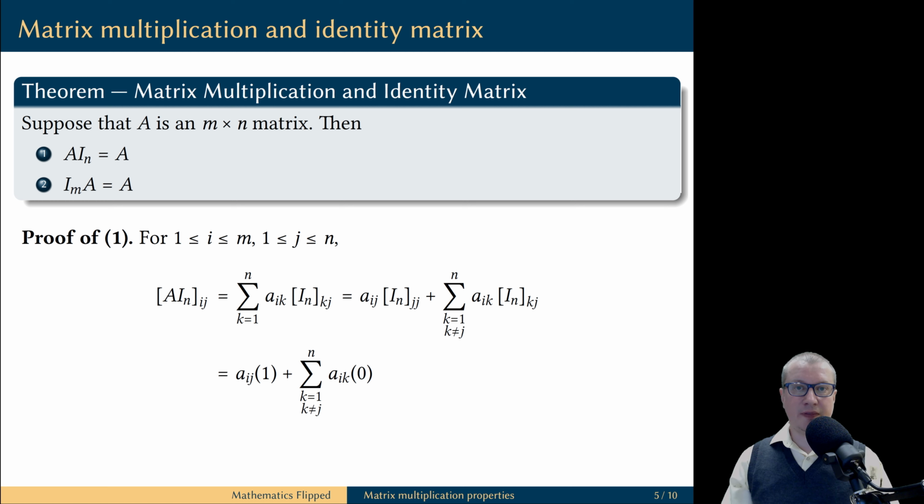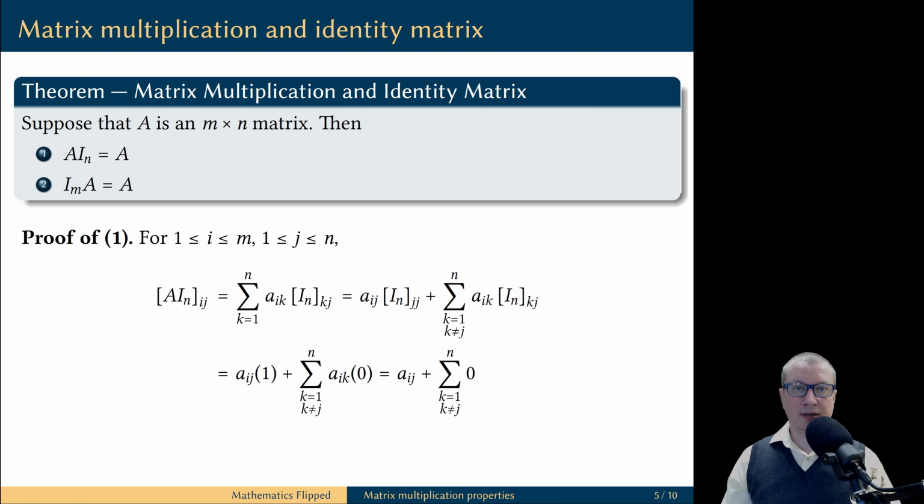The reason I did this is simple. The entry in position jj of the identity matrix is equal to 1, and the entry in position kj, as long as k is not equal to j, is equal to 0. This is how the identity matrix was defined.